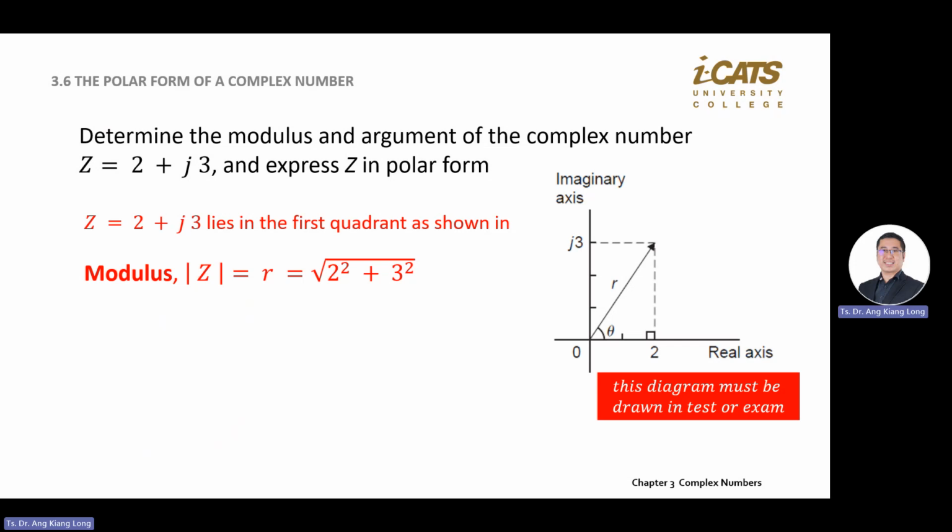So 4 plus 9, 13. Sorry, it should be square root 13, typo error, not 13. Should be square root 13, equal to 3.606. In this module, use a minimum of 3 decimal places.